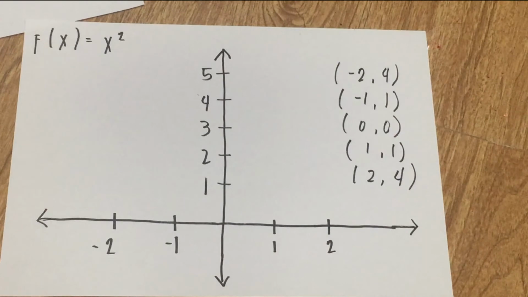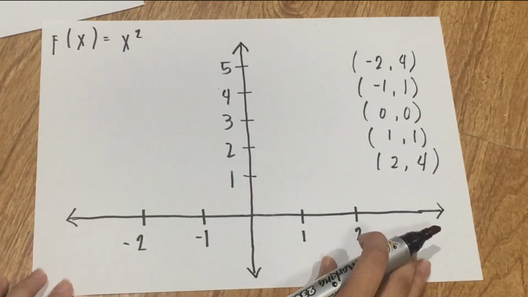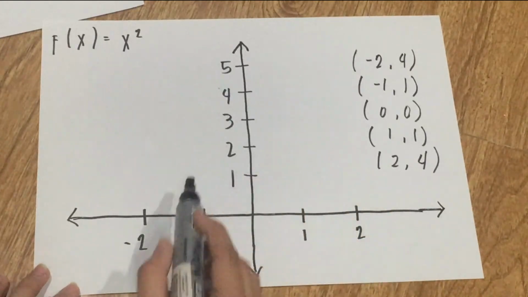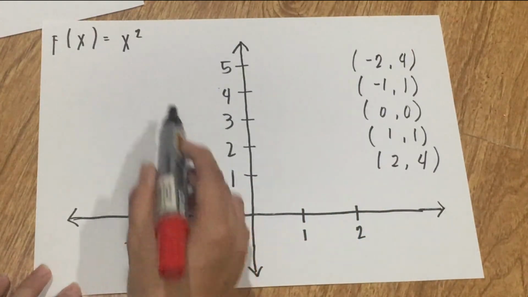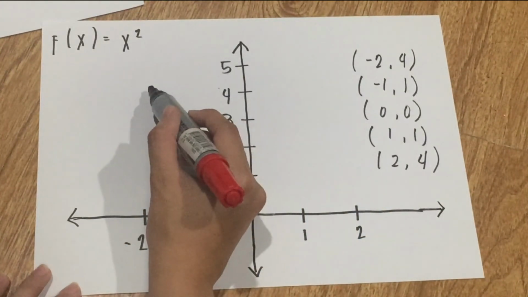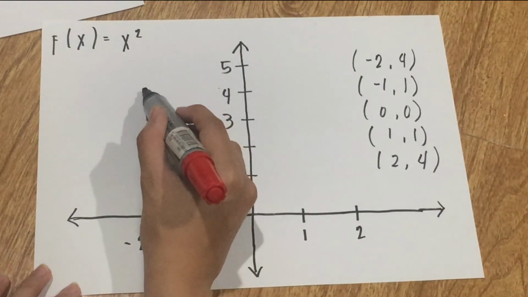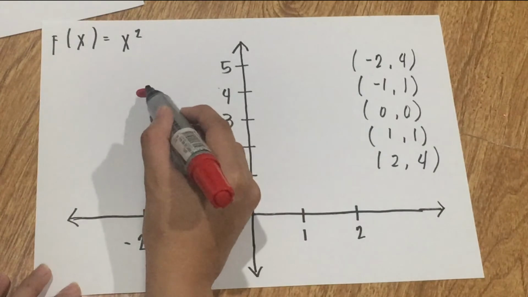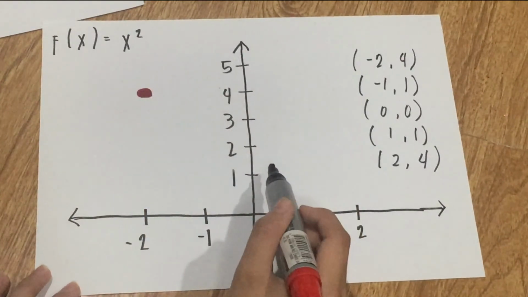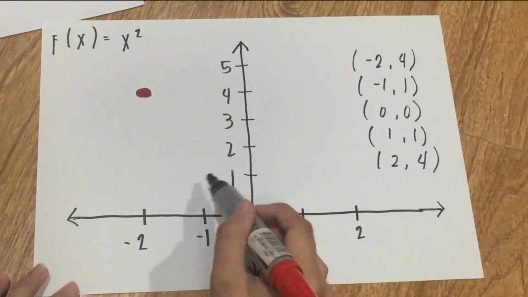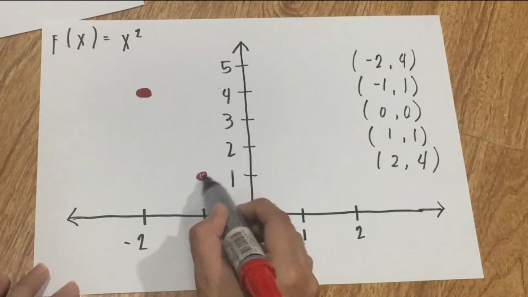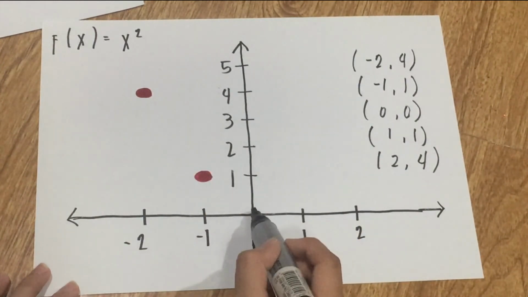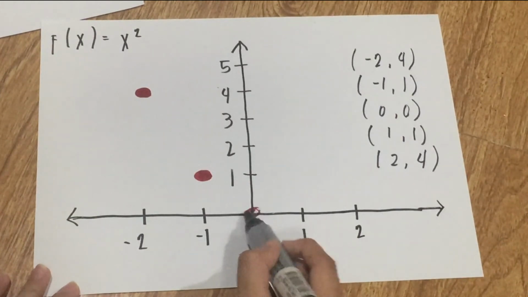We'll draw a line now. For example, for the first one, the negative 2 and the 4 here. Negative 1 and 1 here. 0, 0 here in the center.